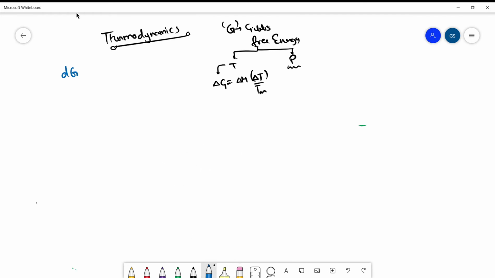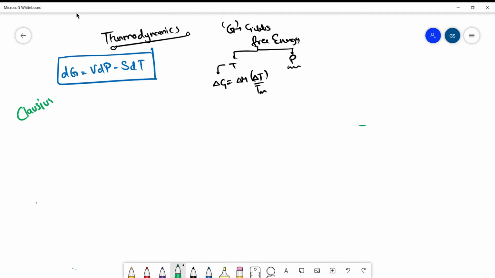The topic which I was talking about is the Clausius Clapeyron equation. You might know this equation, but you may not know the proof. So I'll show you how it's proved.